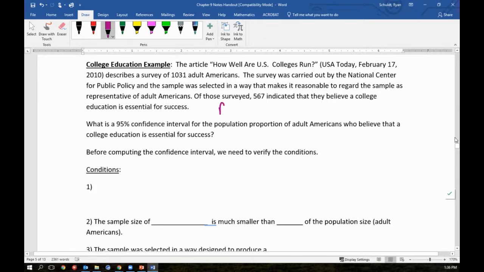Okay, so for our point estimate, as Nate mentioned, we can say P hat equals 567 over 1031. So to 5 decimal places, what would that be? 0.54995. Good.